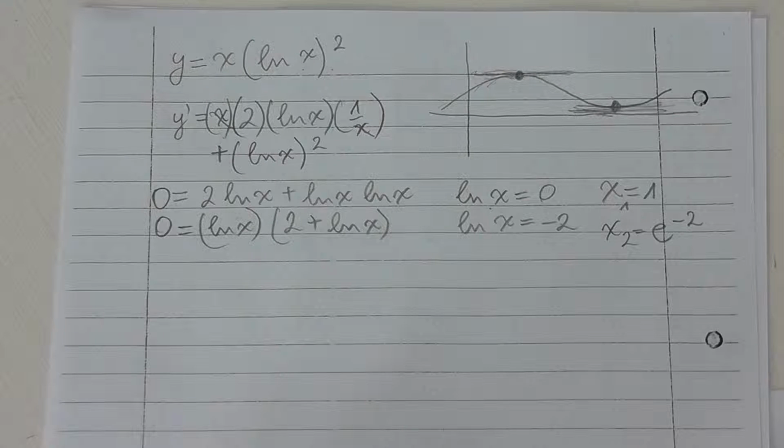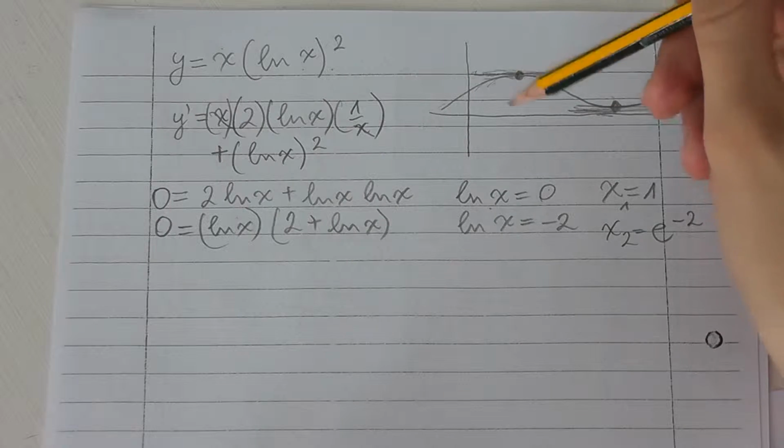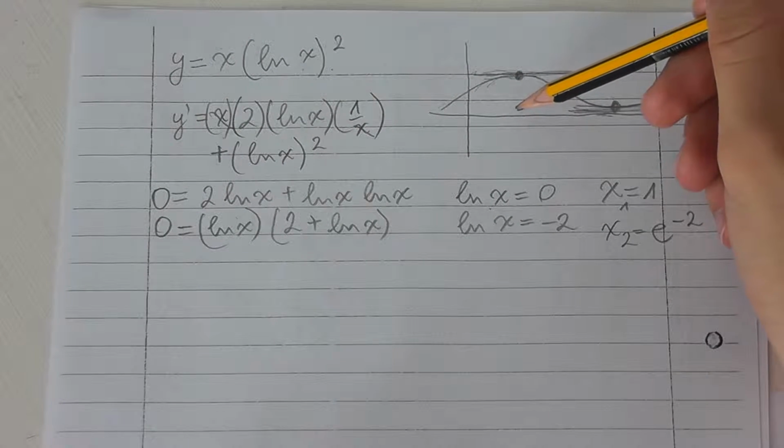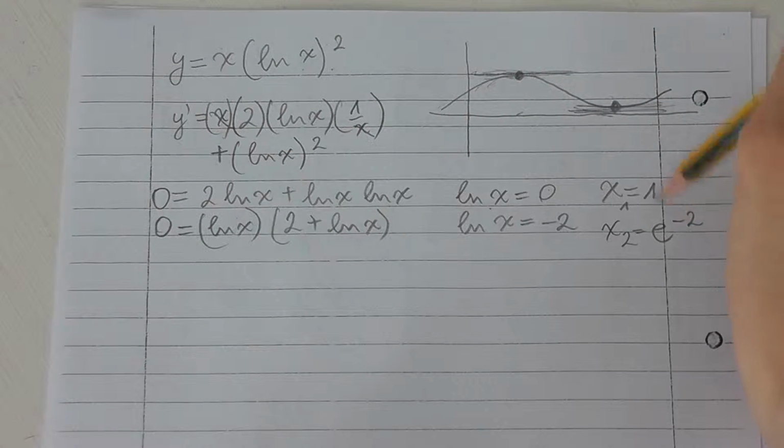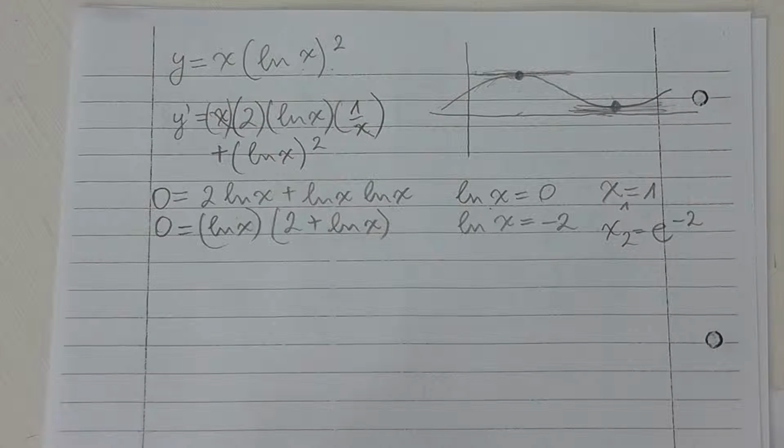Now we don't know which one of these is a local maximum and which one is a local minimum. From what I have here, I assume that this one is, but without a calculator I don't suppose you would know actually what 1 over e squared is. So let's just go on.